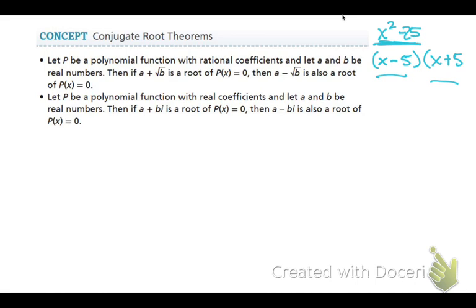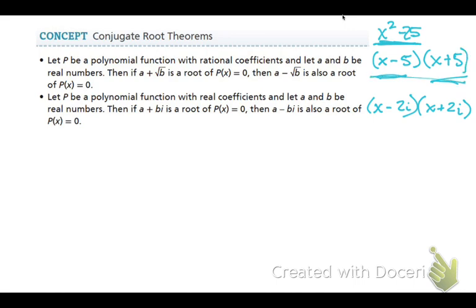So, those are real conjugates, yes? A complex conjugate has a what in it? It has an i in it. So I have x minus 2i. I also have what? x plus 2i. Okay, it happens even with real number conjugates.